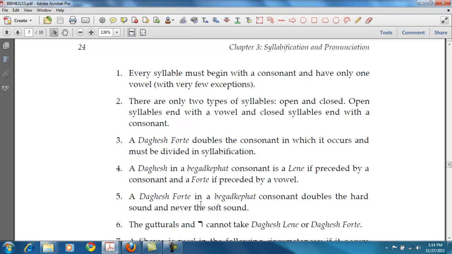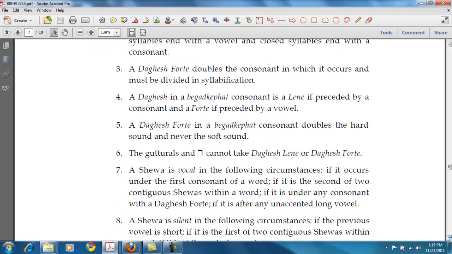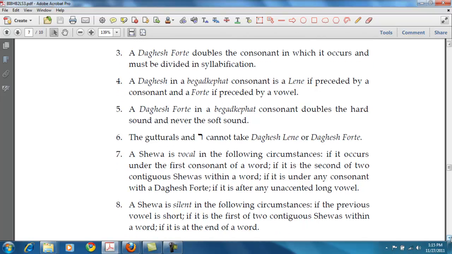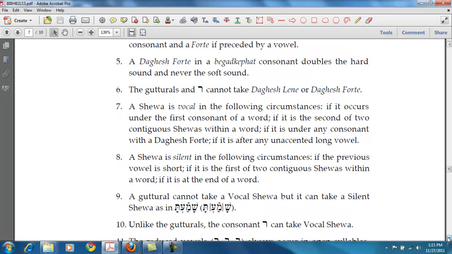Number 5, a dagesh forte in a begadkefat letter doubles the hard sound and never the soft sound. So basically, it doubles the hard sound and gives it the doubling effect of the letter here. Now, gutturals and resh cannot take dagesh lene or dagesh forte. So gutturals reject the dageshes.